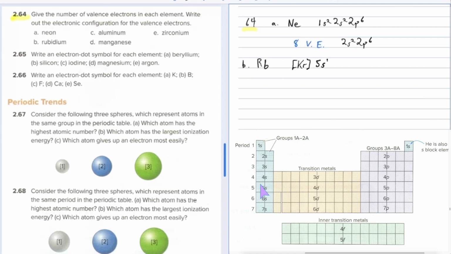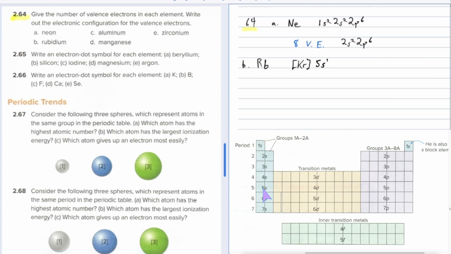5s1. And you can see from the electron configuration, everything inside of krypton, that 1s2, 2s2, 2p6, 3s2, 3p6, 4s2, 3d10, 4p6, all of those electrons are in lower energy levels than this one.